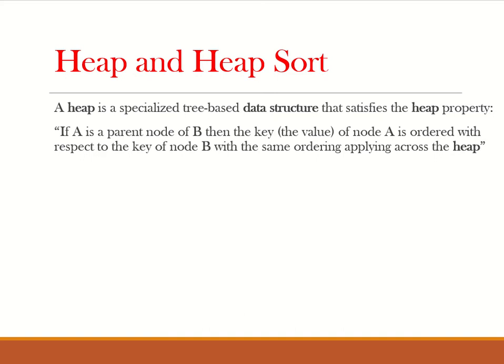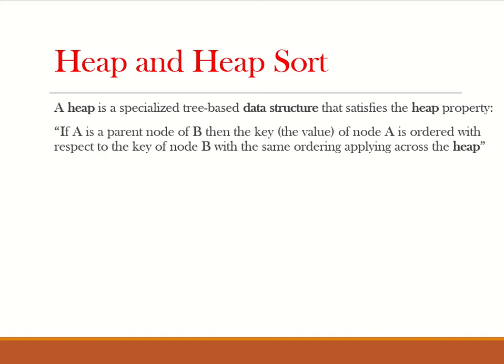So, if you recollect what we have learned about the binary search tree, in the case of a binary search tree, the root node has a particular value. All the elements in its left subtree will have values less than that of the root node, and all elements in the right subtree will have values greater than that of the root node. So that was the BST property.